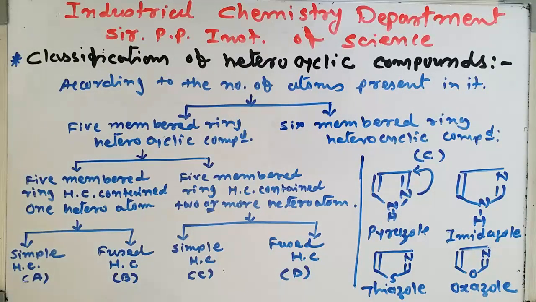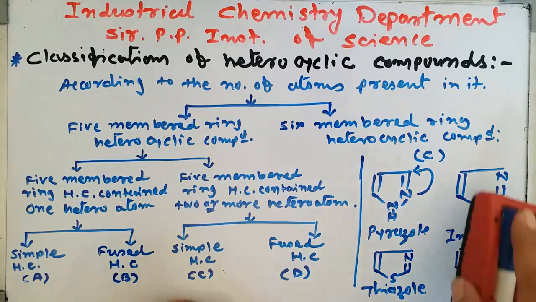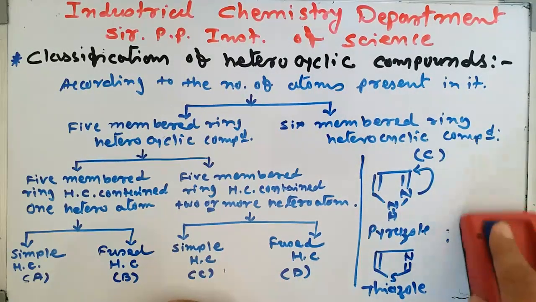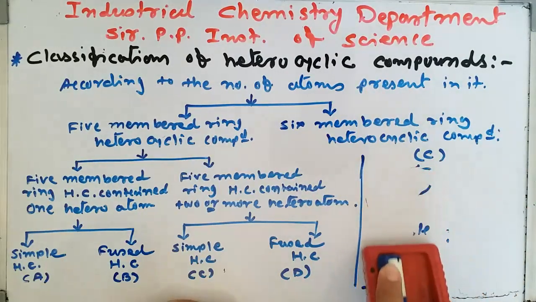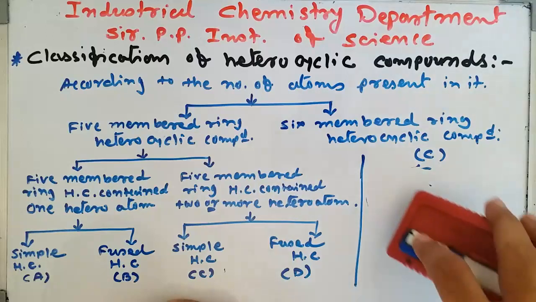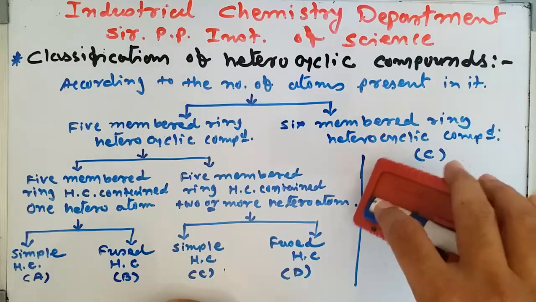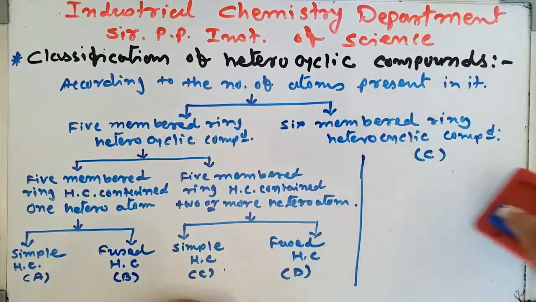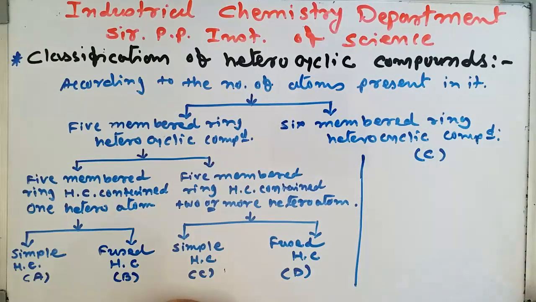In this class we see more examples, with two or more heteroatoms. We see more examples for more heteroatoms, as the number of atoms increases. We see here two heteroatoms. Now we see three heteroatom rings.